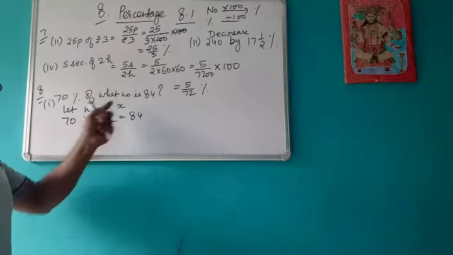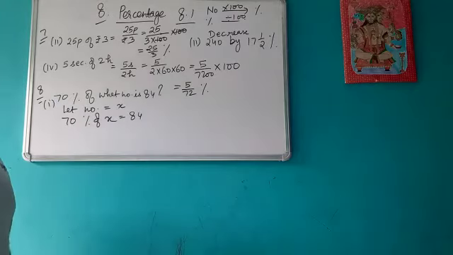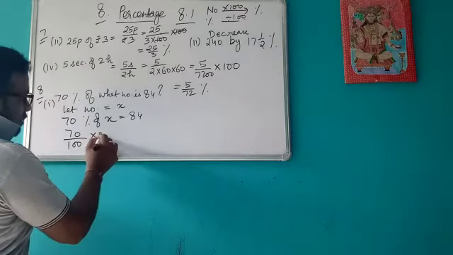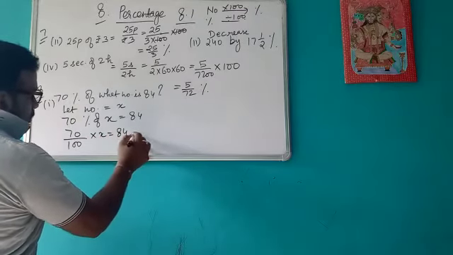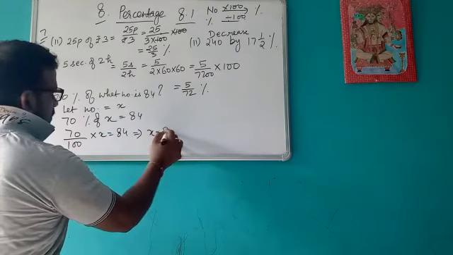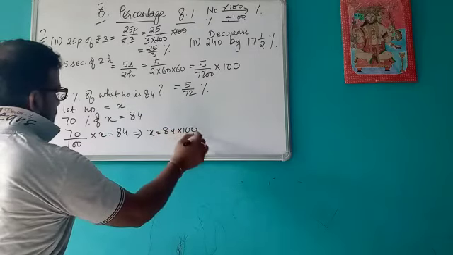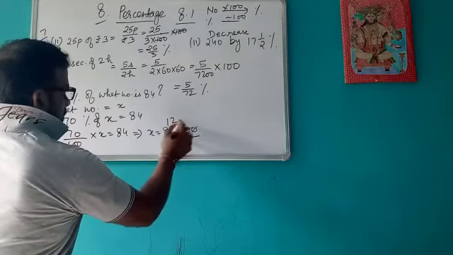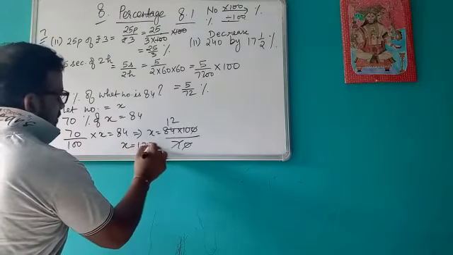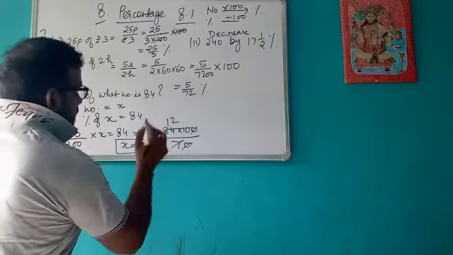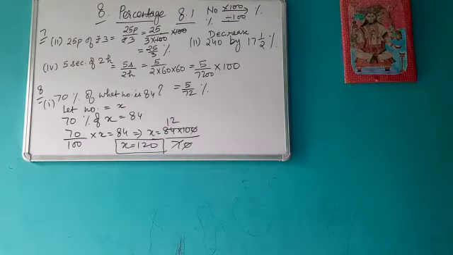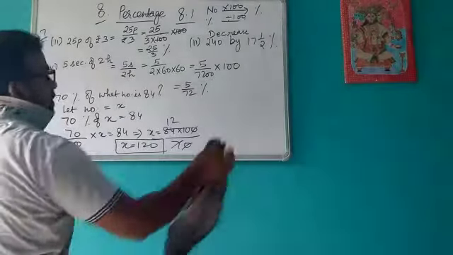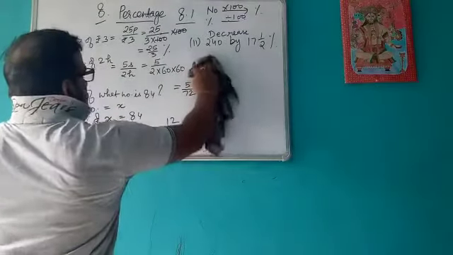Then we will write it as 70 upon 100 into x equal to 84. From here you will do the cross multiplication, and you will get the number as 120. So in this way you can solve questions like this.